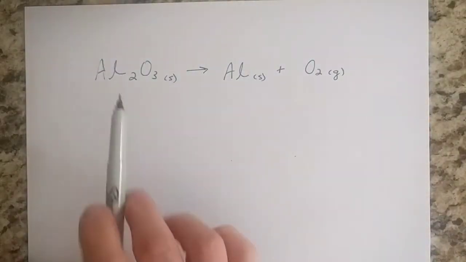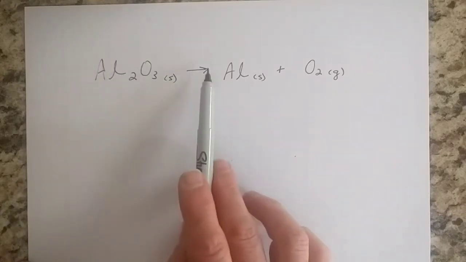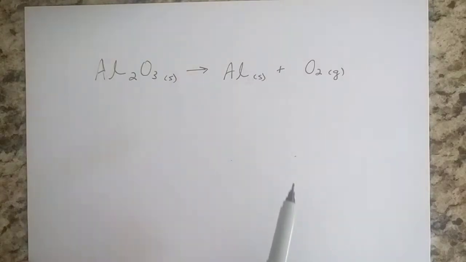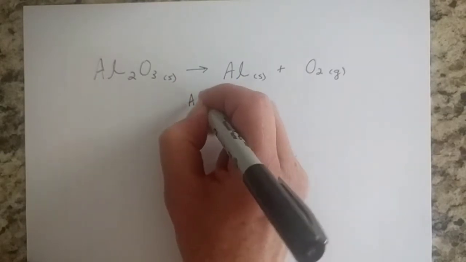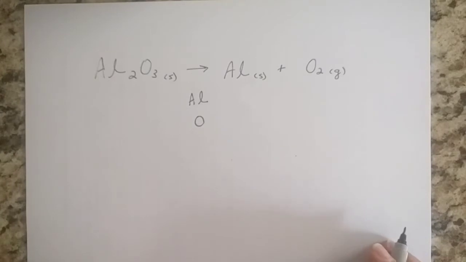Okay, let's try another one. Now we have aluminum oxide, Al2O3 solid, producing aluminum solid plus oxygen gas. Again, we'll put our elements underneath our yield sign, aluminum and oxygen, and then we'll do our atom count.